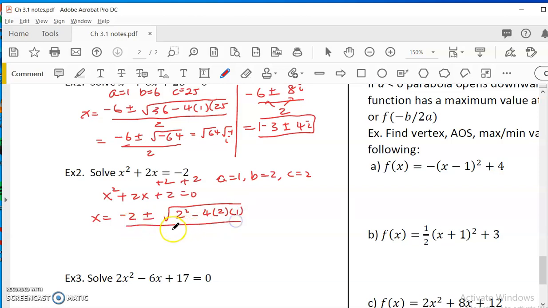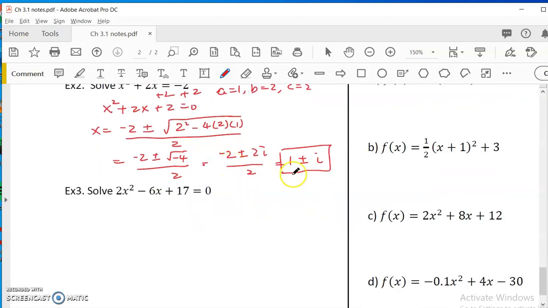All over 2 times 1, which is 2. So 2 squared minus 8 is negative 4 over 2. Square root of negative 4 is 2i, right? Plus or minus 2i over 2. So divide them and we get 1 plus or minus 1i. And that's the answer.